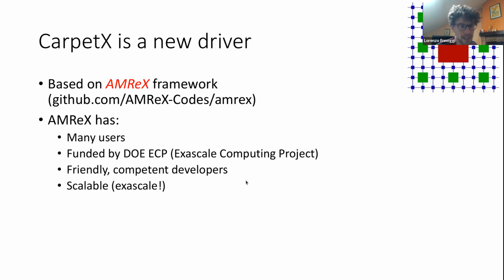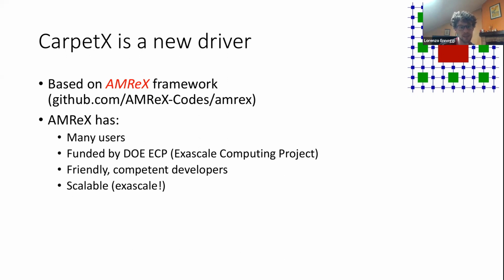So as I said, CarpetX is based on the AMRX framework, which is a code infrastructure for adaptive mesh refinement. This is really adaptive in the sense that Carpet was a fixed mesh refinement infrastructure, in the sense that you decided where to put your grid.